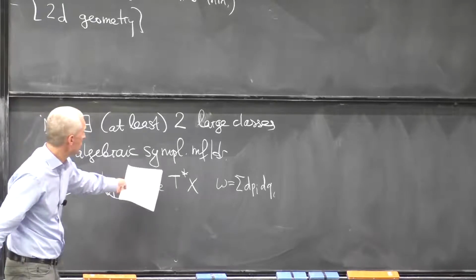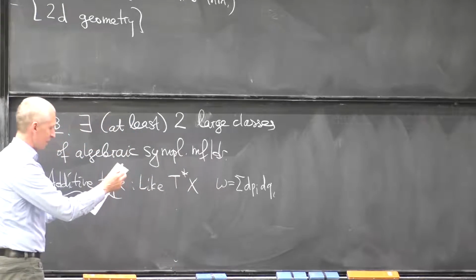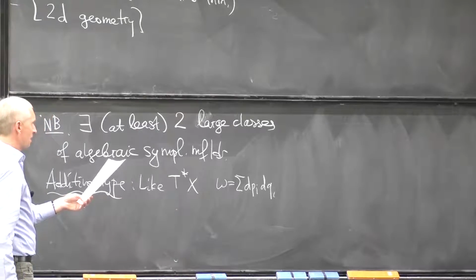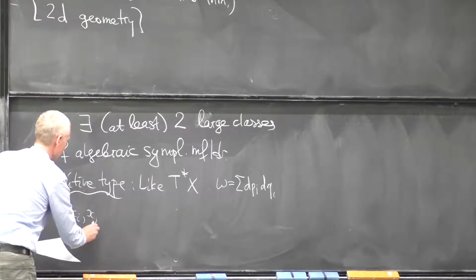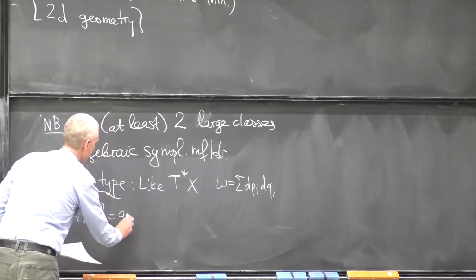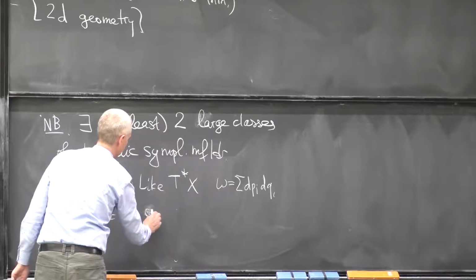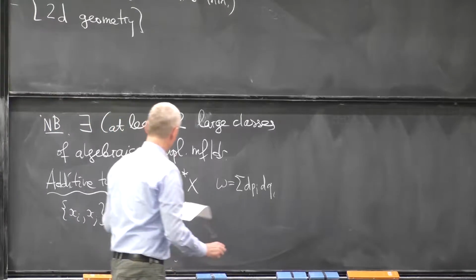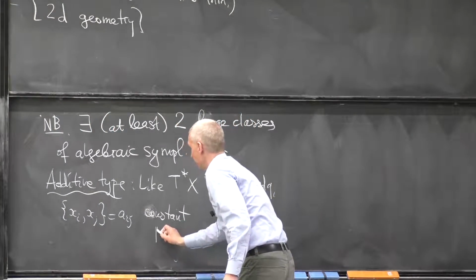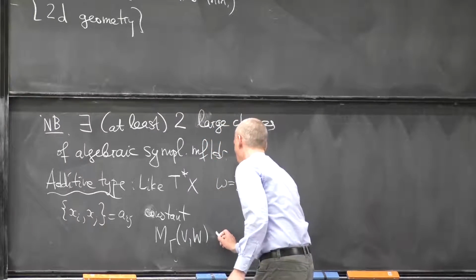And of course, if it is T*X, then on the level of Poisson brackets, it will be like this: the a_ij. So in some natural coordinates, it's a constant bracket. And the Nakajima quiver varieties are of this type.